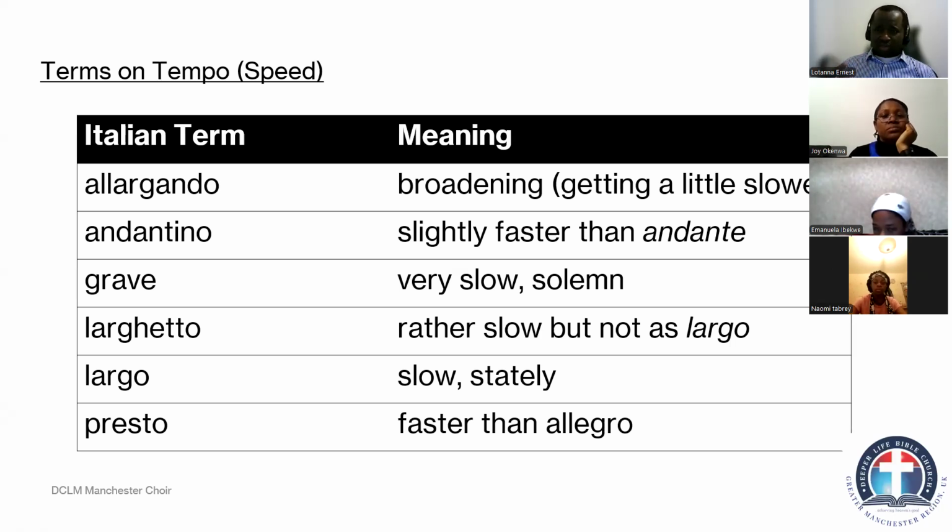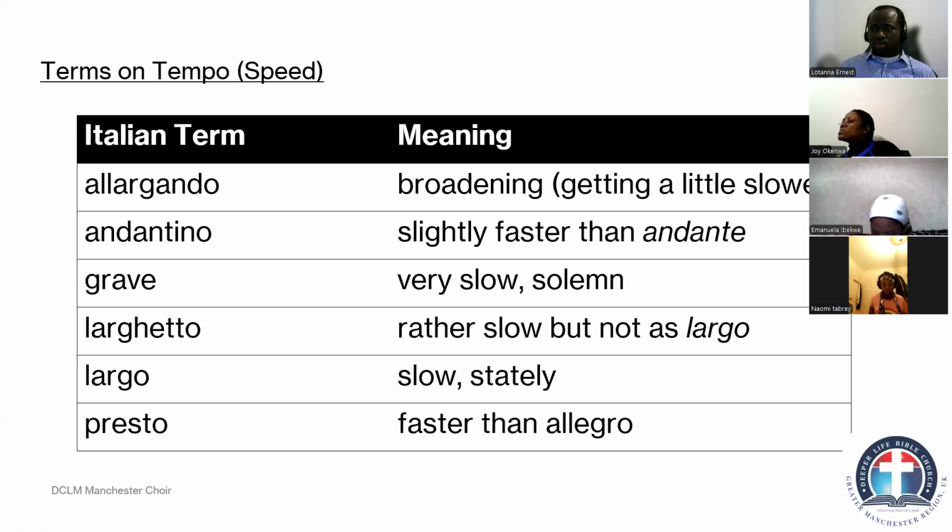It's relative, okay? So just know what the meanings are and understand how to interpret them. Like largo, you can see, it means slow. So we've talked about largo, larghetto. Largo, slow. Larghetto, slow, but not as slow as largo.